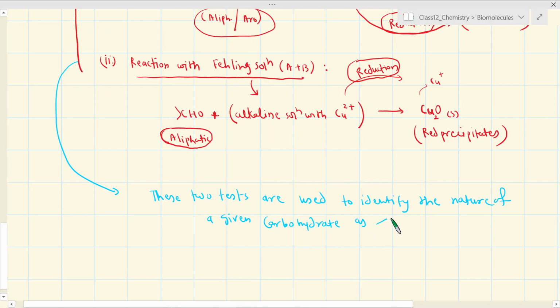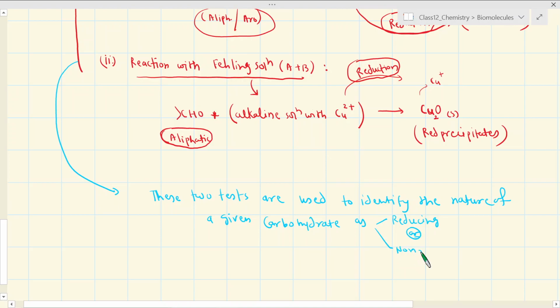as either reducing or non-reducing, right? We don't even have to worry right now whether it is aldehyde or not. I will show you how even fructose can give the two tests. You will see that.